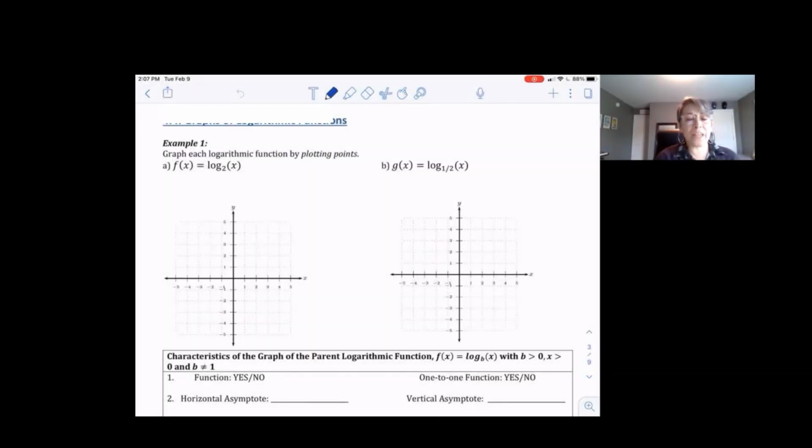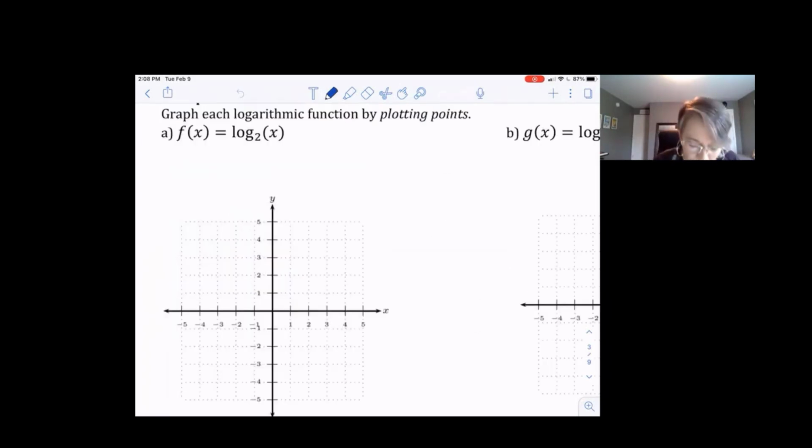So we're going to graph each of these logarithmic functions by plotting points. So remember, if we write that as log base 2 of x equals y, using our definition, that's the same thing as saying 2 to the exponent of y will equal x. If we're to do an xy table and plot points, it may be more helpful to actually put in values of y first instead of x.